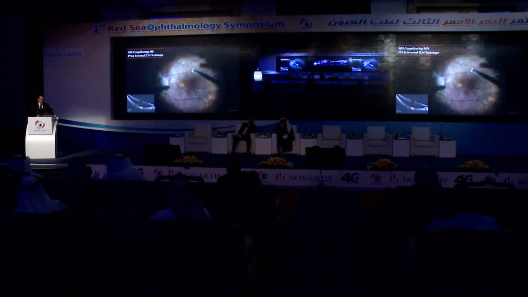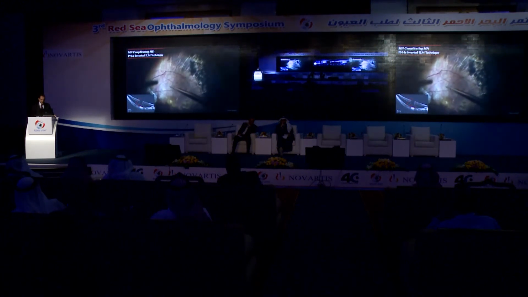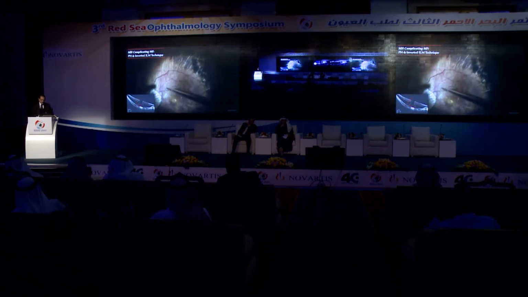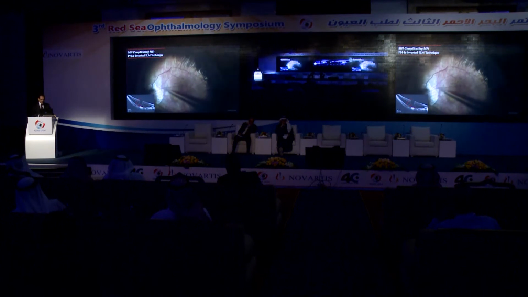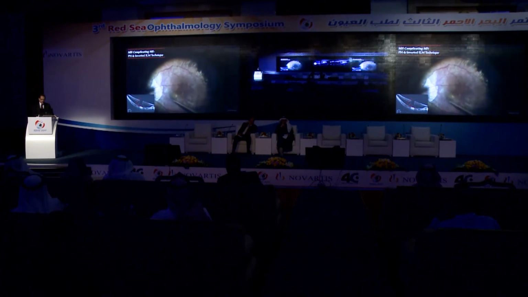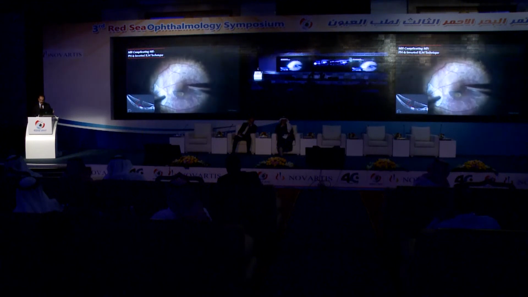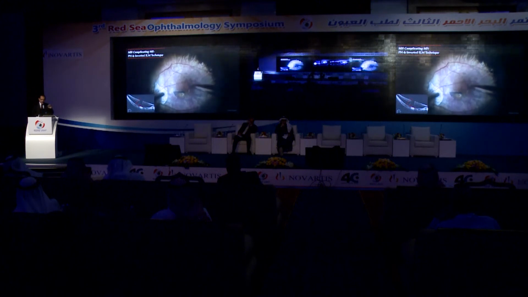And this is a case of how to do an inverted flap as described, or a modification of what was described by Michalewska, and they would try to peel the internal limiting membrane, always working toward the center of the macular area, and trying to take all the precautions not to reach the very edge of the macula, but you have to stop before reaching the edge of the macular area, and the internal limiting membrane is used to be accumulated over the surface of the macular hole.